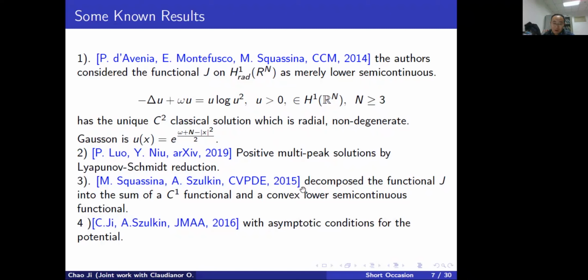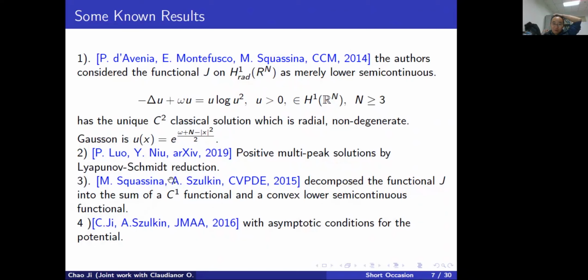On the unrestricted space H1 of Rn, they decomposed the functional G into the sum of a C1 functional and a convex lower semi-continuous function.